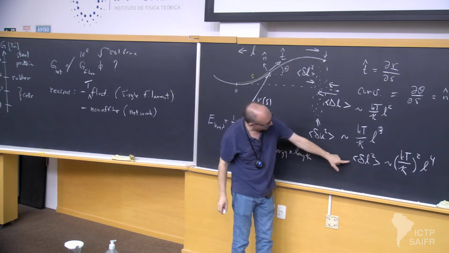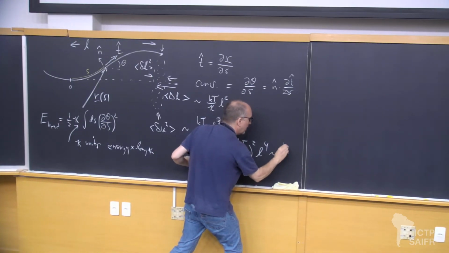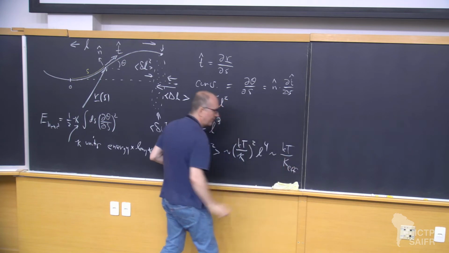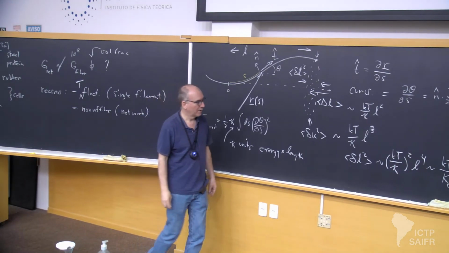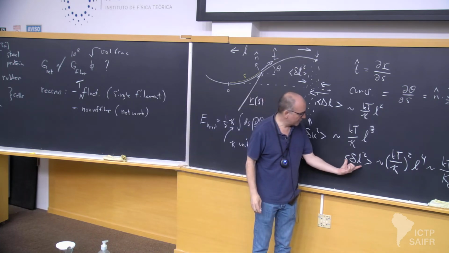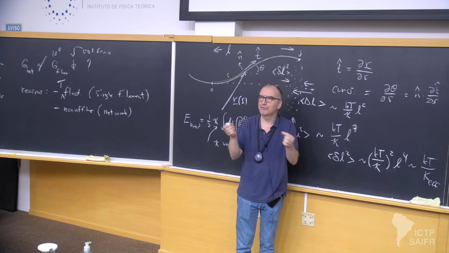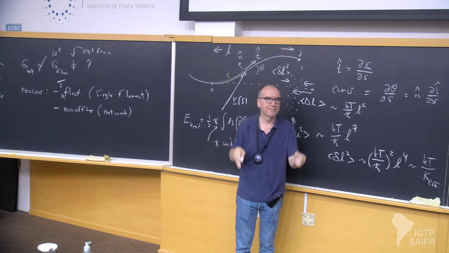And again, the interesting thing about this one is that it should be kT divided by an effective spring constant. Because, basically, the average range of end-to-end fluctuations for a Hookean spring is kT divided by the stiffness. Okay?